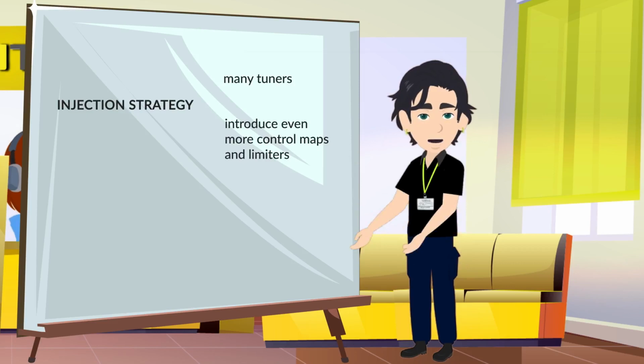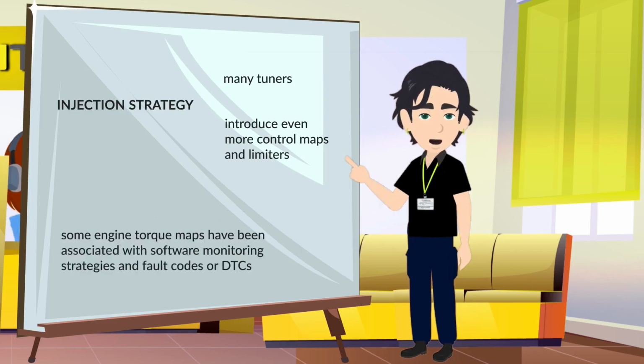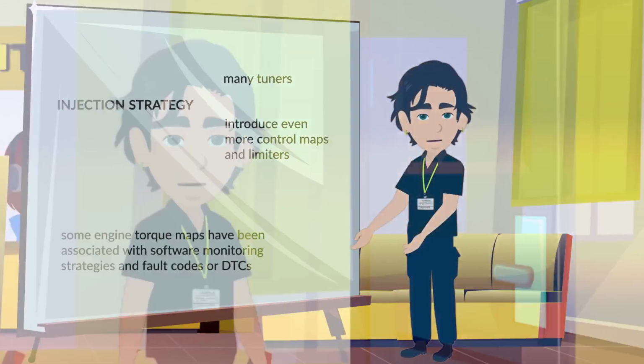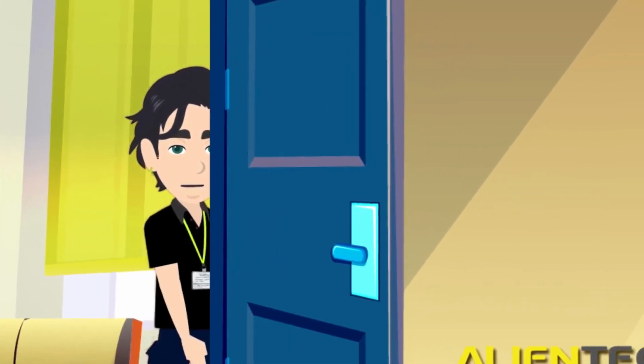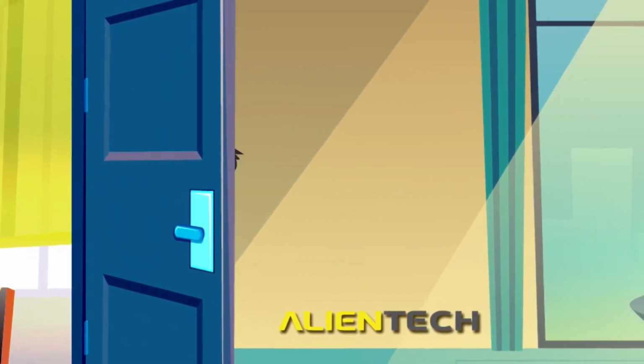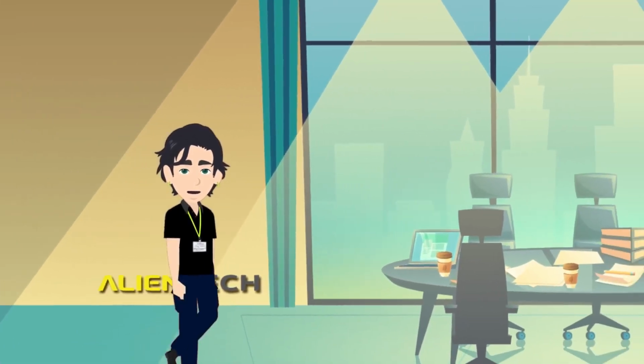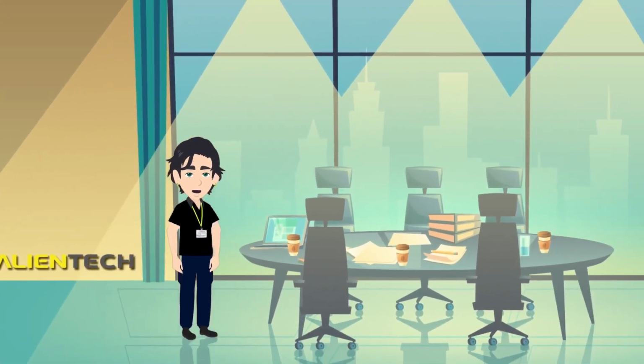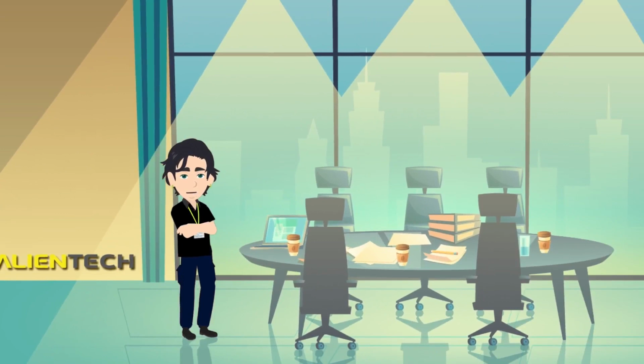Additionally, some engine torque maps have been associated with software monitoring strategies and fault codes, or DTCs. This represented a further obstacle for tuners, since the ways to bypass or deactivate the monitoring are different, not only according to the manufacturer of the control unit, but also according to the make or manufacturer of the vehicle. This is due to the fact that they are sometimes associated with manufacturer-specific fault codes.